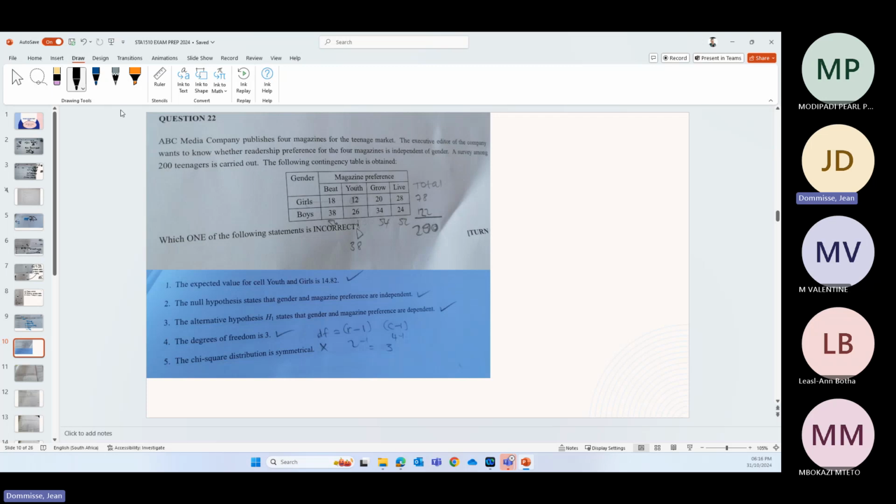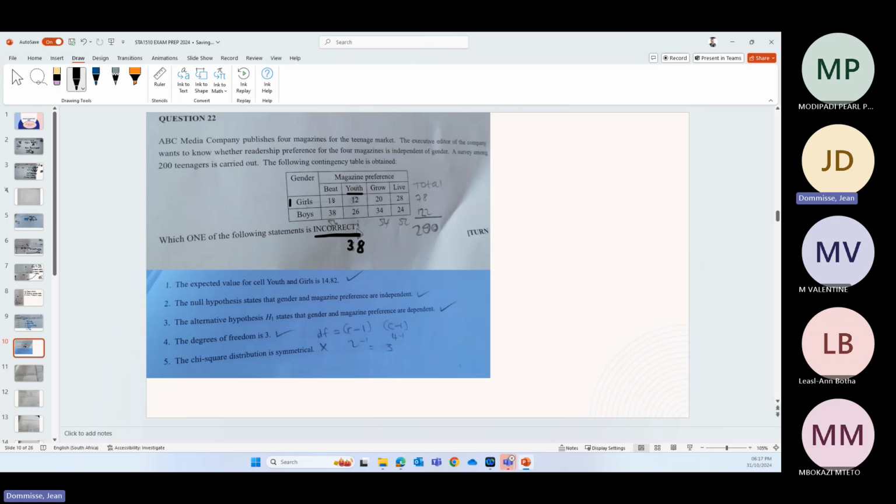Which one is incorrect? Okay, so that's what they're looking for, incorrect. The expected value for cell youth and girls. Okay, so let's quickly look, for youth, it was 12 plus 26, that is 58.